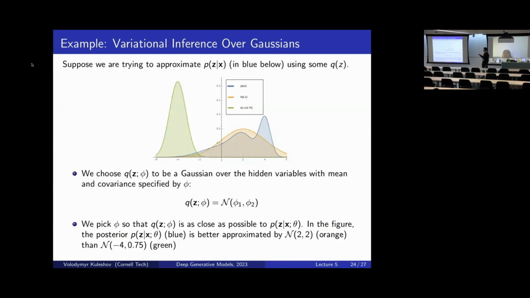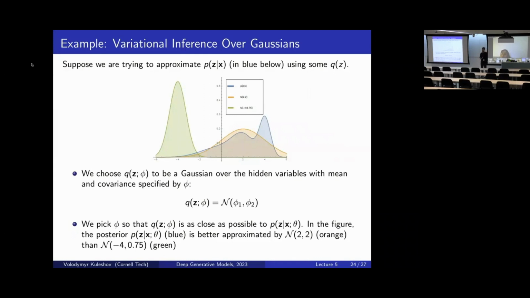This blue distribution is much better approximated by the yellow/orange distribution. When I optimize the ELBO over the parameters phi, I will eventually get something that's closer to the orange distribution, which is a good fit to the blue distribution. If I were to start with a set of parameters equivalent to the green distribution and perform optimization, I will eventually converge to something that's orange.